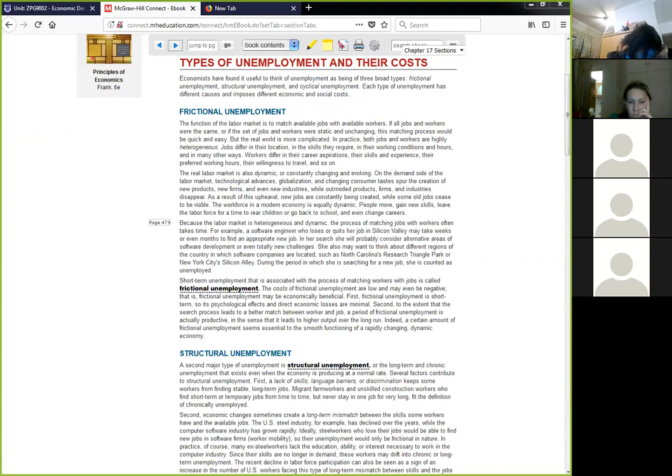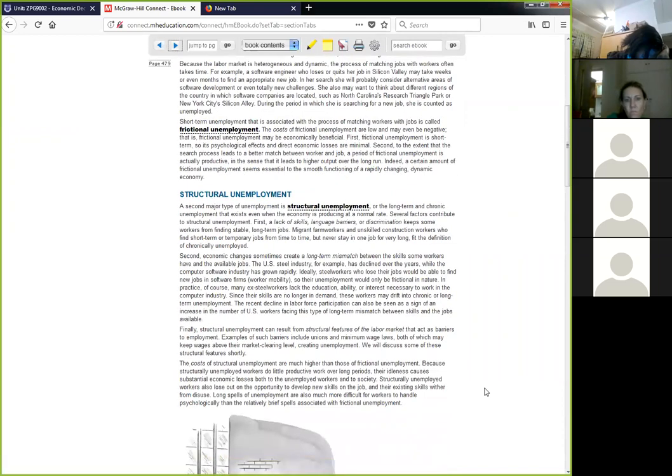Structural unemployment is when, over a long time, the economy has chronic unemployment that exists even when the economy is producing at a normal rate.